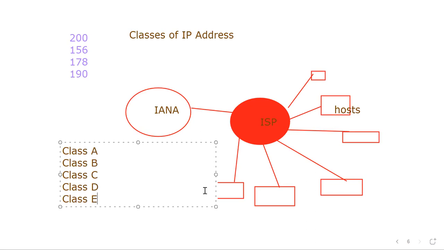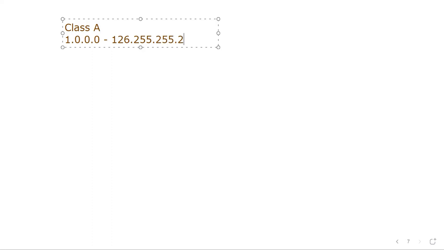Okay. Class A has the IP addresses of range 1.0.0.0 to 126.255.255.255.